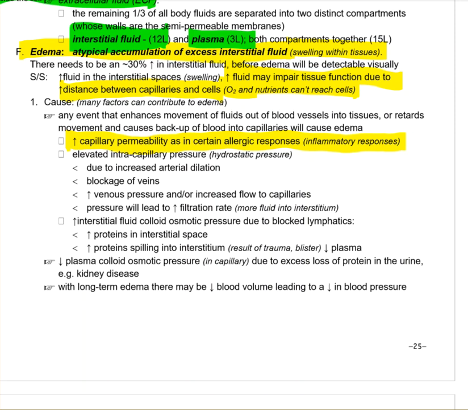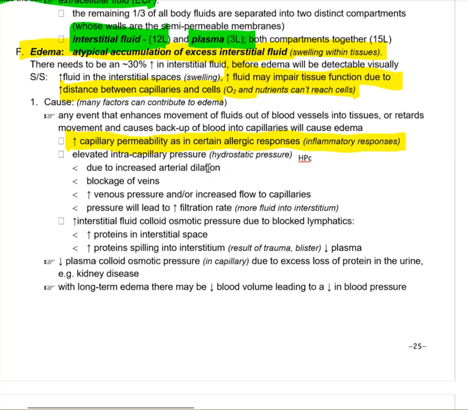Another thing is we can have increased capillary pressure, hydrostatic pressure. And this is not just any hydrostatic pressure. This is HPc. This is the hydrostatic pressure of the capillary. So let's look at ways that could happen. Let's say our arteries are really dilated. If our arteries are really dilated, what's happening there?